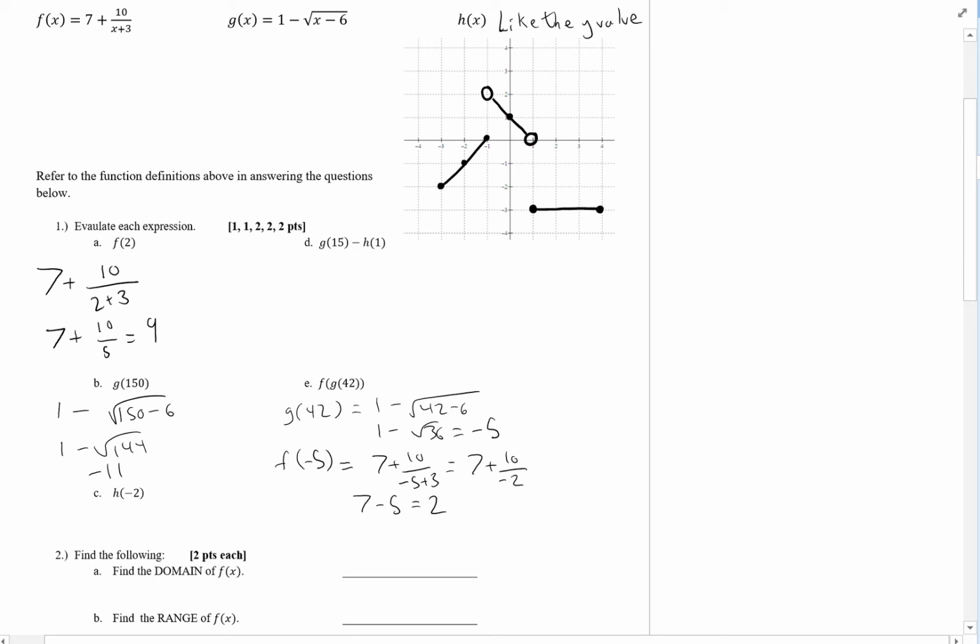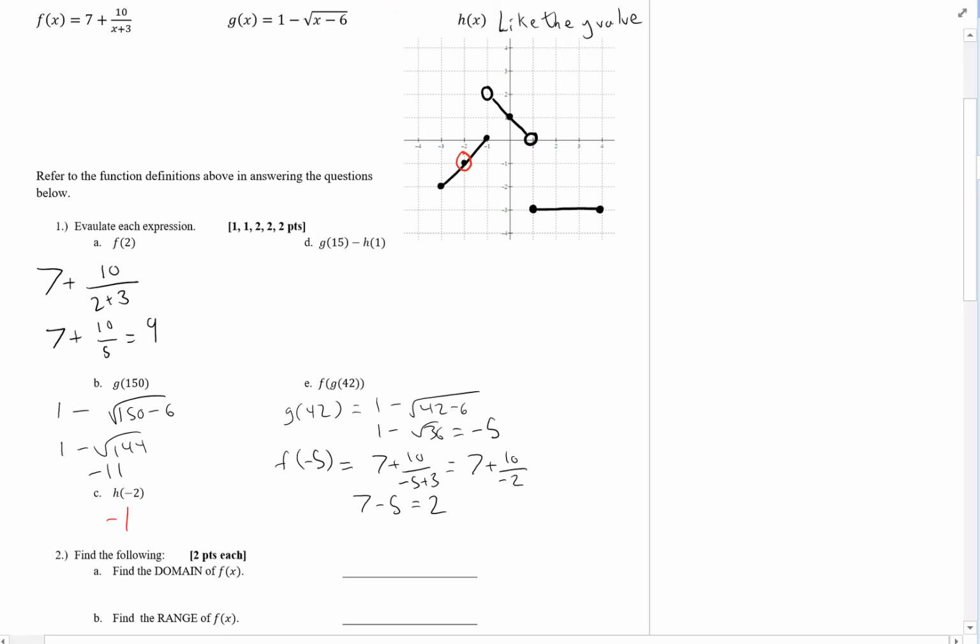For example, when it asks me h of negative 2, it says when x is negative 2, which is over here, right? What is y? And that point is right here. When x is negative 2, what is the y value of h of x? It's negative 1.